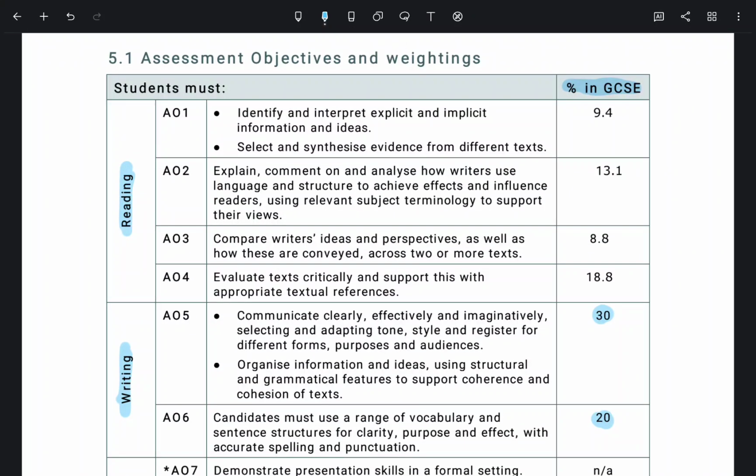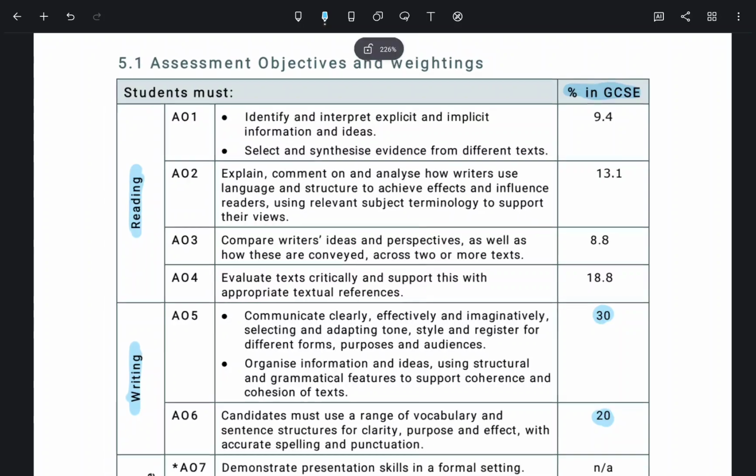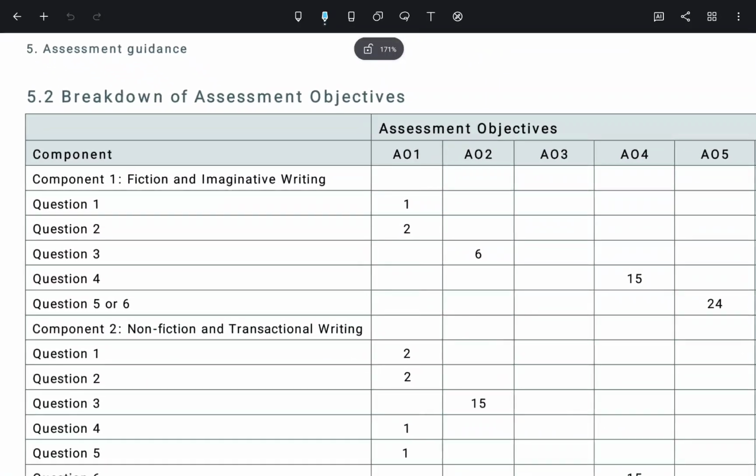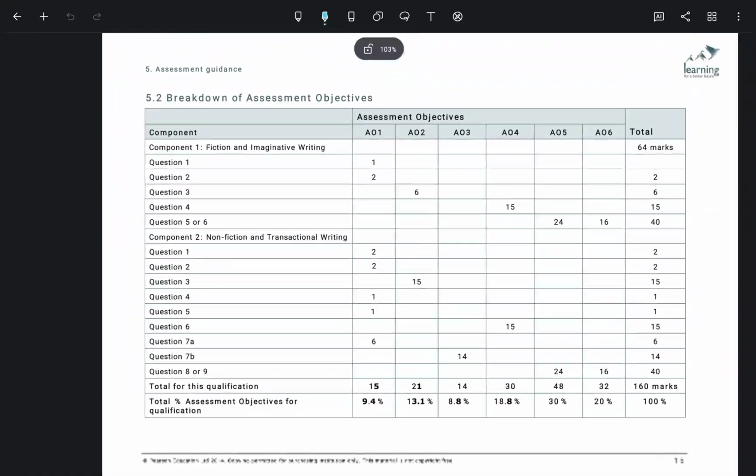And look, you have to revise smart for your exams. Okay, yes, you do revise hard, but you need to focus on revising smart. Look at the percentages provided, and use that accordingly, and prioritize the questions based on that. So that's that.